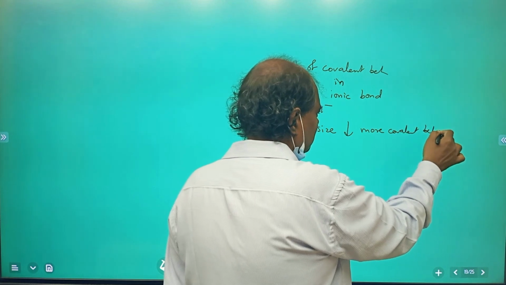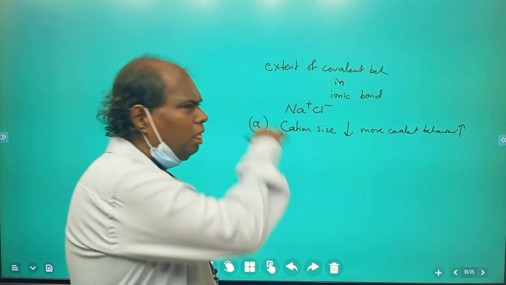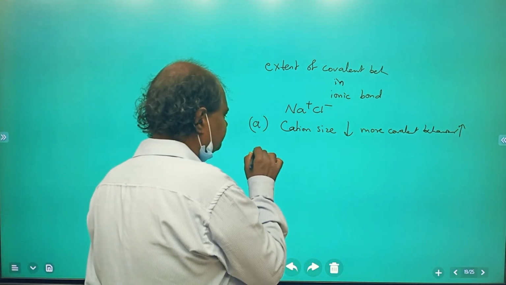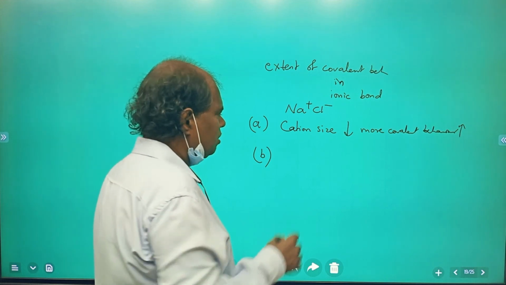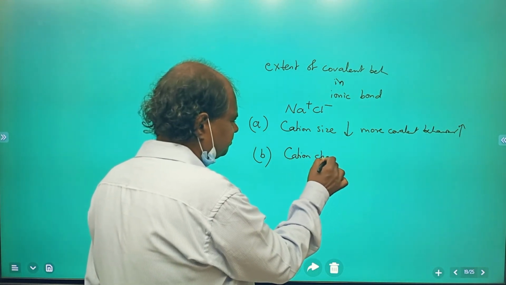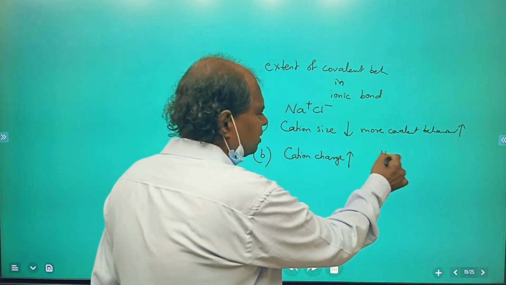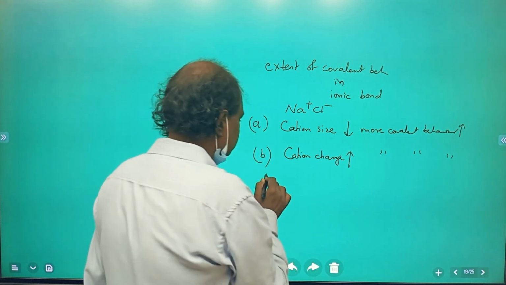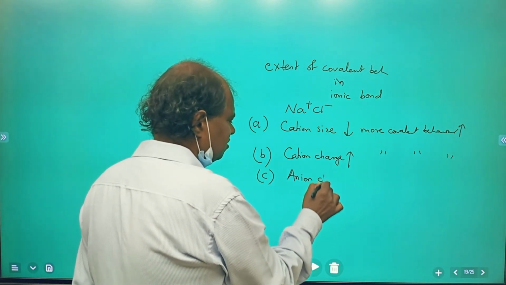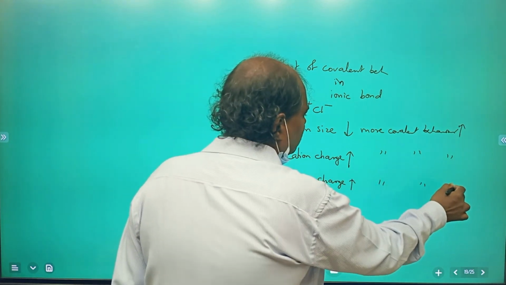the more covalent behavior. Clear? Covalent behavior will be high. Smaller the cation. B, higher the charge of the cation, again more covalent behavior. C, anion charge also high, again you get more covalent behavior.